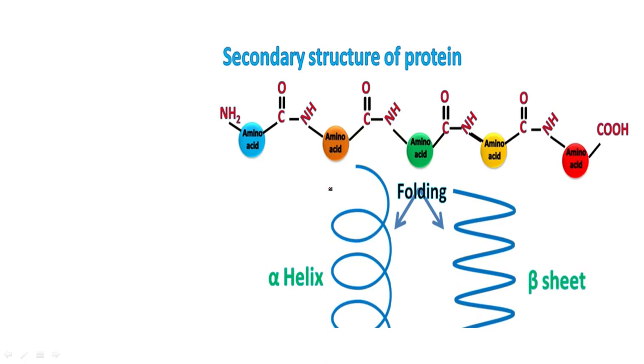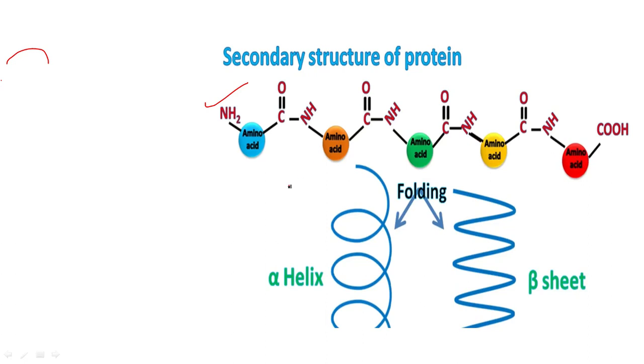Now, talking about the secondary structures of the protein. In the primary structure, amino acids are linked together in a straight chain.